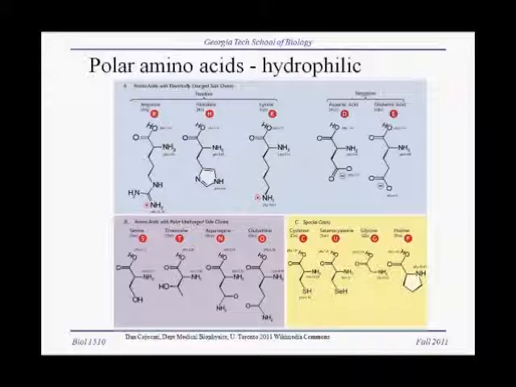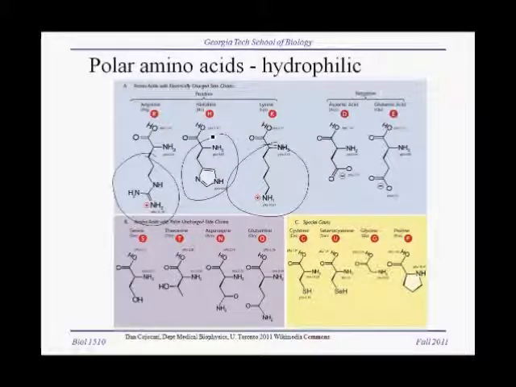In contrast, we have a second group of amino acids that are hydrophilic, loving water. They're hydrophilic because their side chains either contain charge, and histidine contains a partial charge at neutral pH.